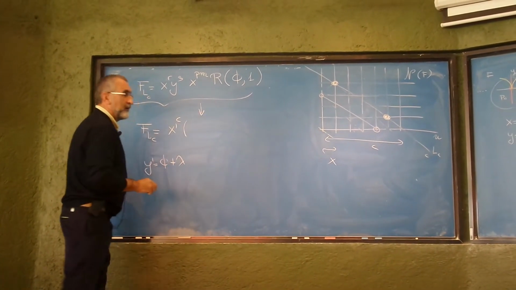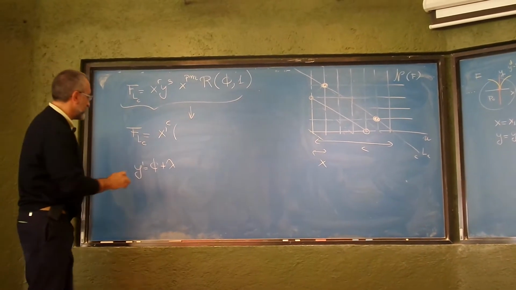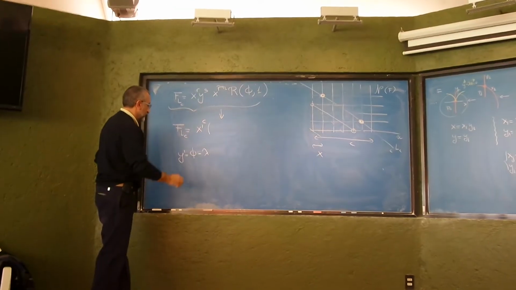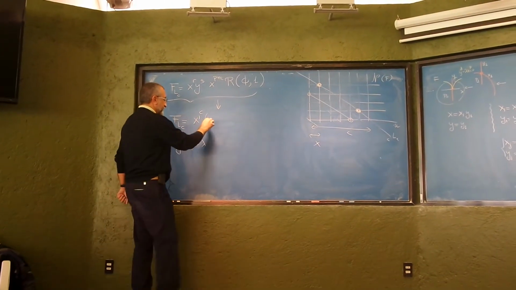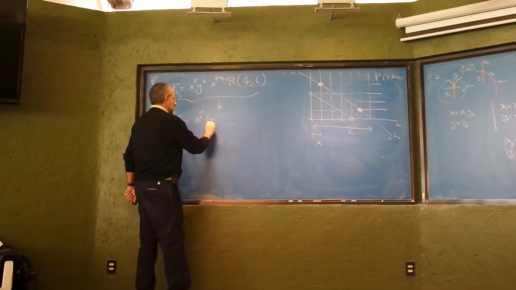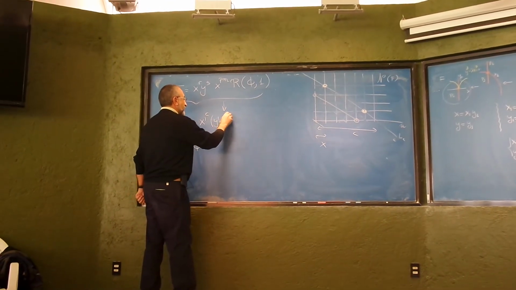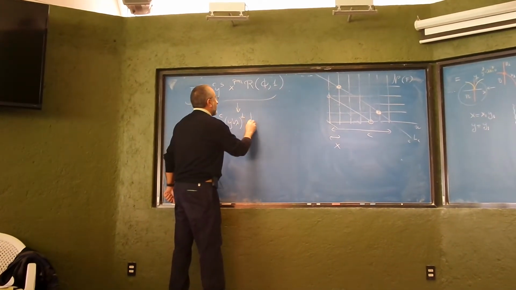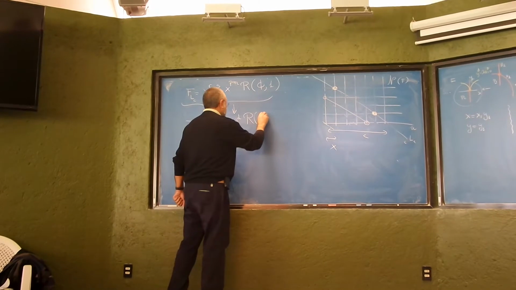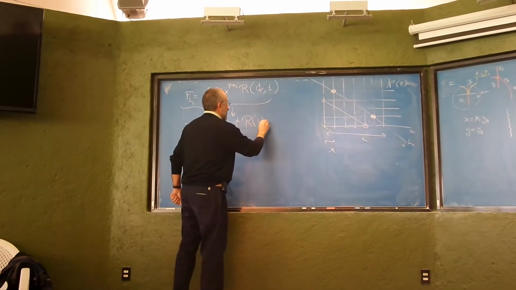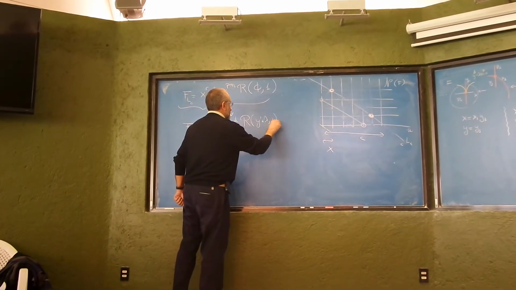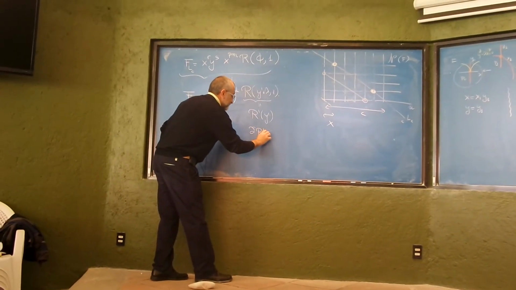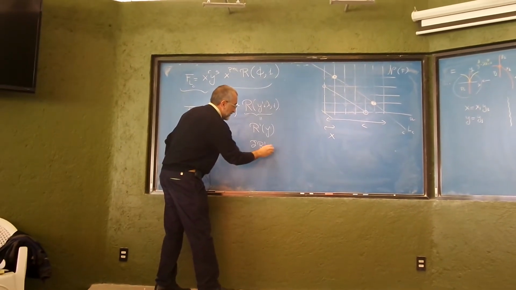Minus or plus? Y prime is minus, excuse me. Minus lambda. Then you have here something like that: y prime plus lambda over d, and r of y prime plus lambda, 1, smaller or equal than n.